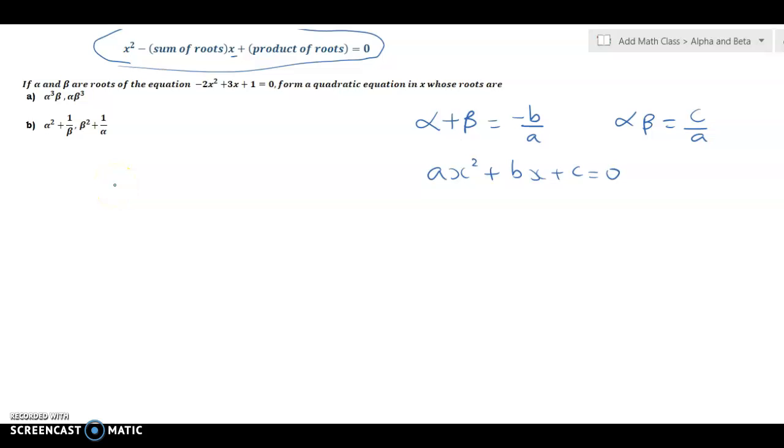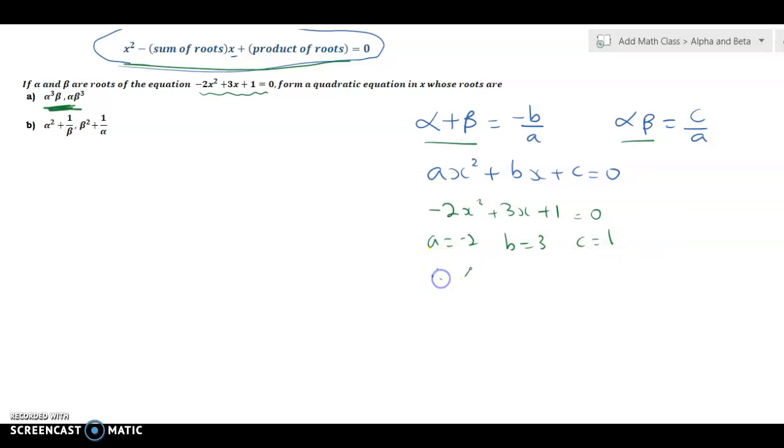In part A now, they are telling us that we need to use these roots to find our new equation, and we need to use this. However, before we could start even attempting to find these roots, we need to work out what is alpha plus beta and alpha beta for this equation here. So in this particular equation, I'll just write it here. I have an a of minus 2, a b of 3, and a c of 1.